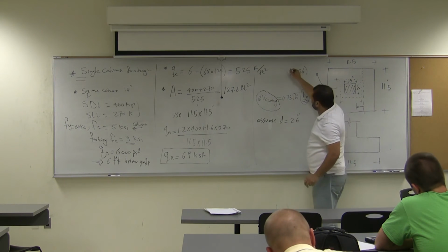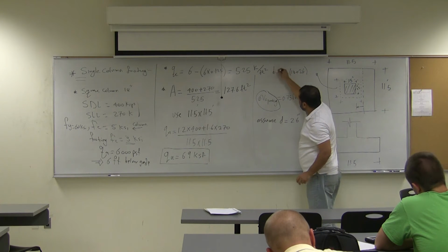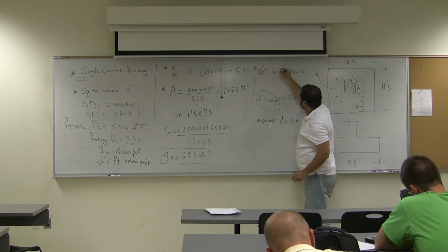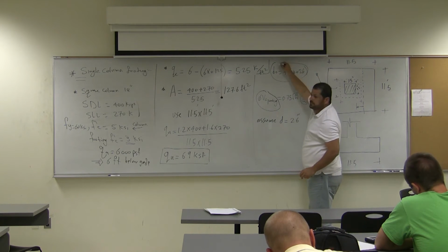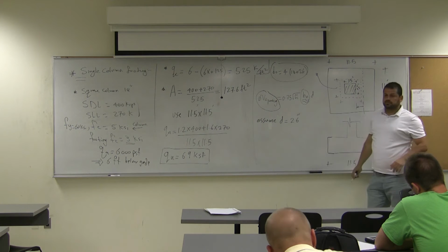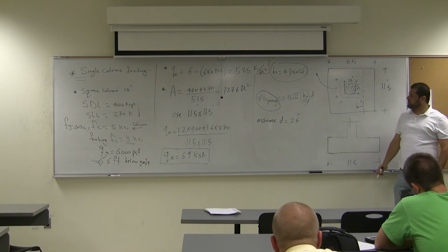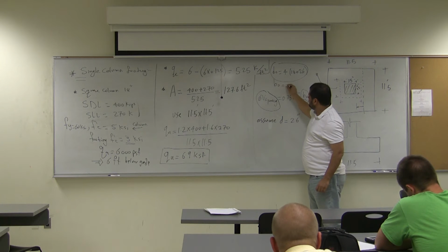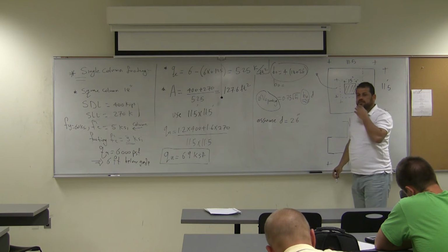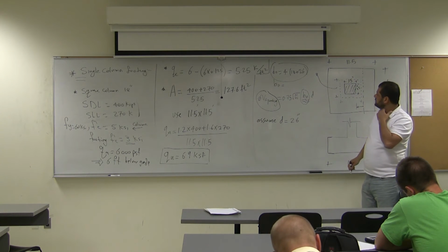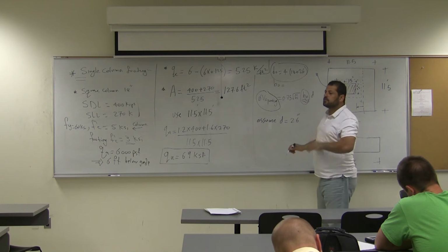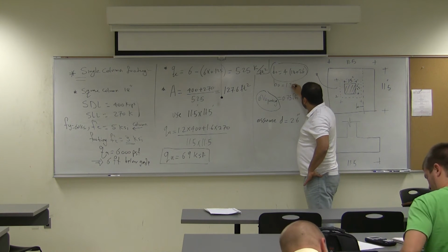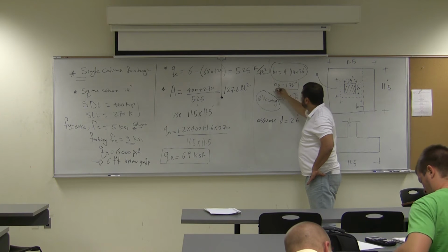So this times 4 will give me b naught in inches. So how much is b naught? 176 inch. That's b naught.